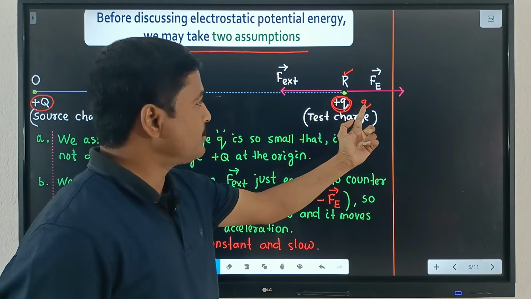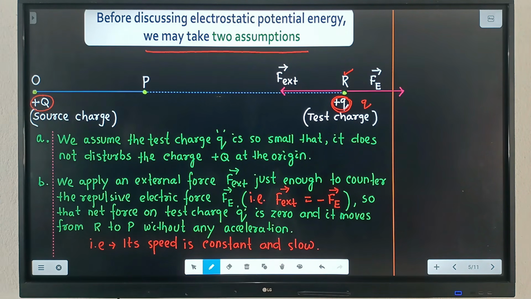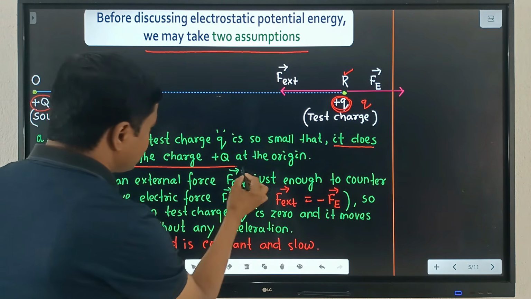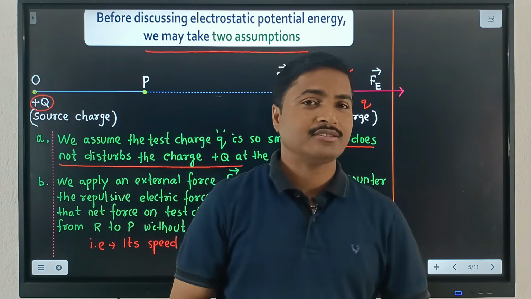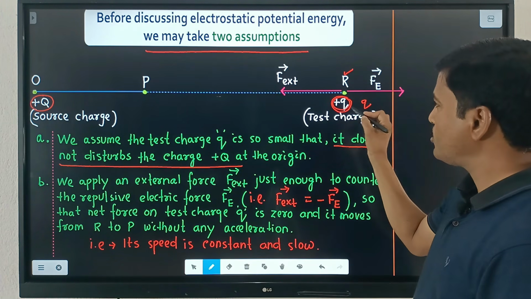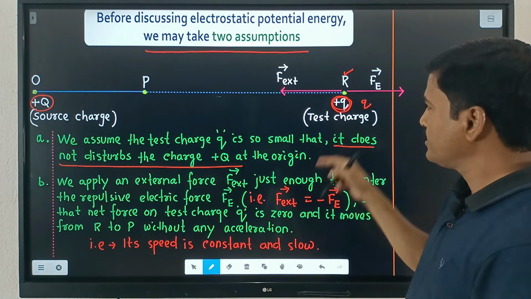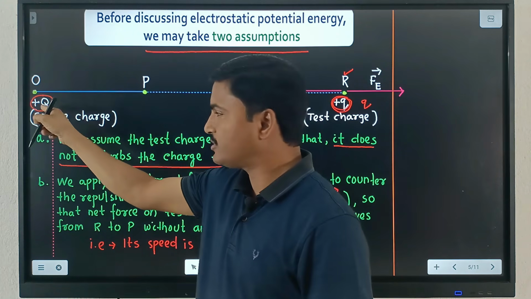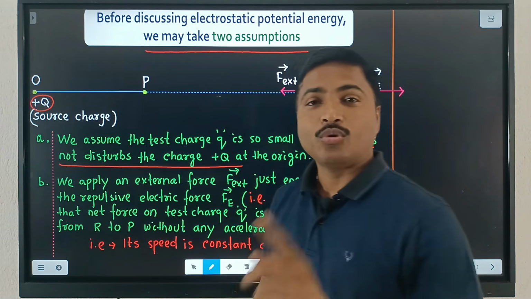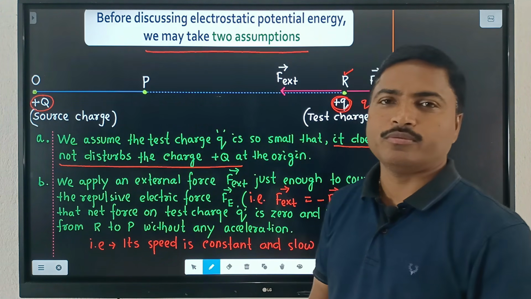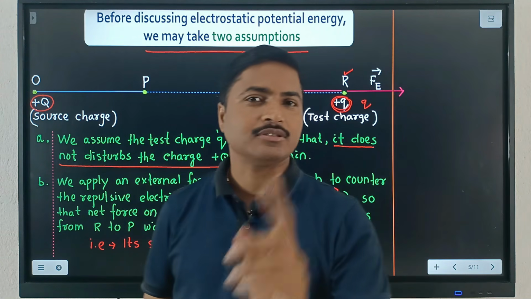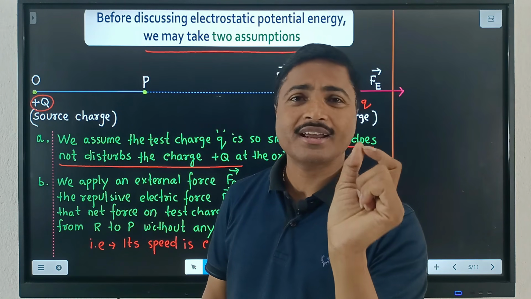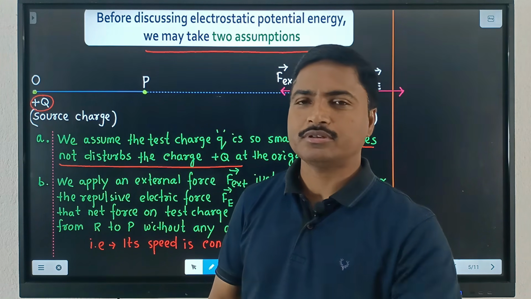If we take the magnitude of the test charge small, then it does not disturb the original source charge plus Q. This is the first assumption. That means we take a very small magnitude test charge.